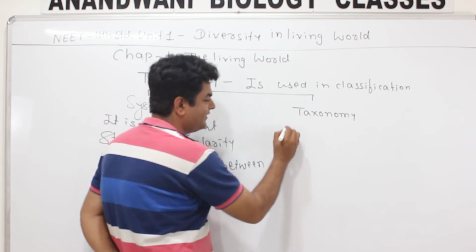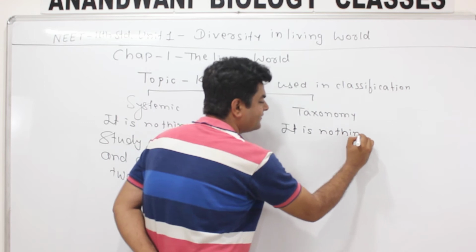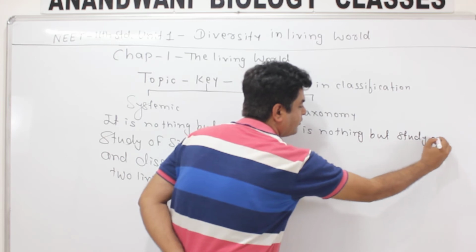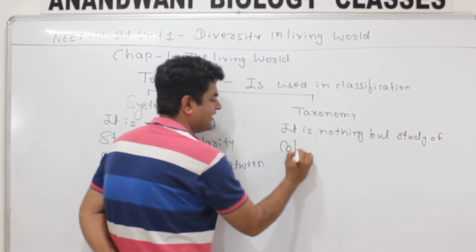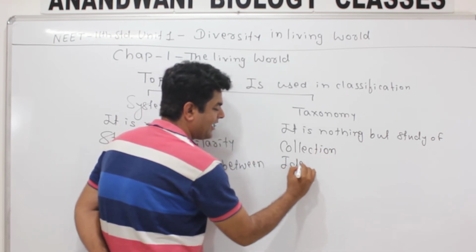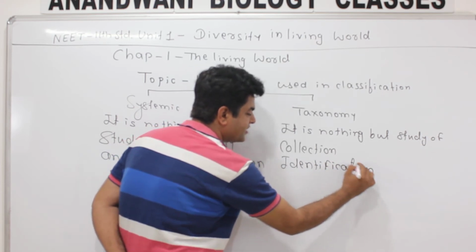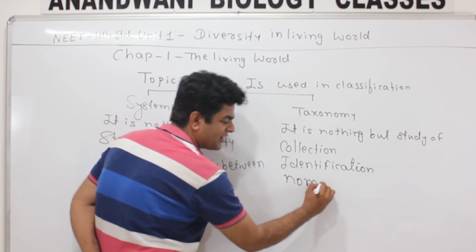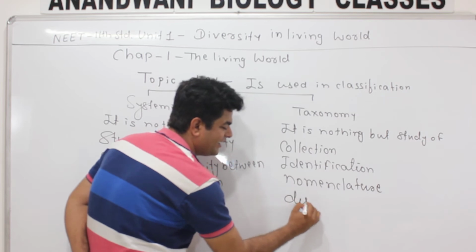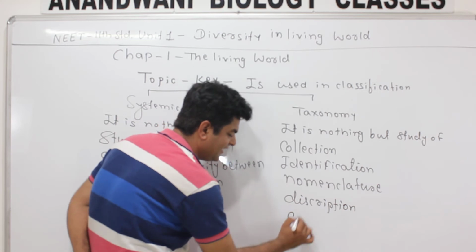Taxonomy can be defined as nothing but the study of collection, identification, nomenclature, description, and finally classification.